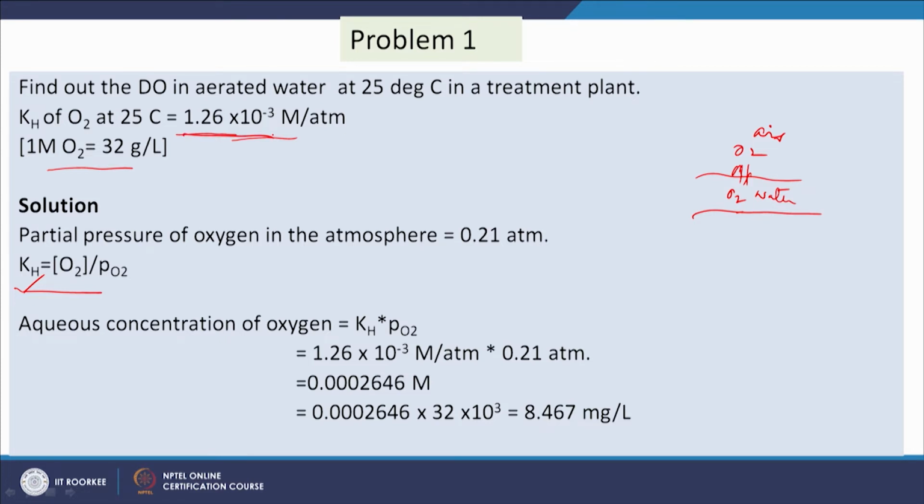This value is given here: 1.26 into 10 to the minus 3 mole per atmospheric pressure. Therefore, we need to calculate the oxygen concentration. The aqueous concentration of oxygen is equal to Kh into partial pressure of oxygen. Now, what is the partial pressure of oxygen?